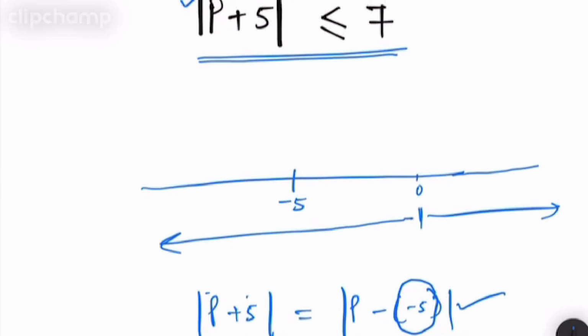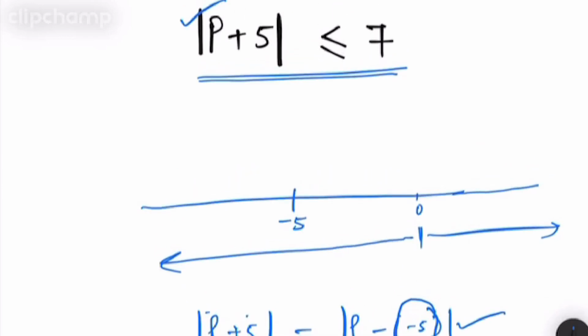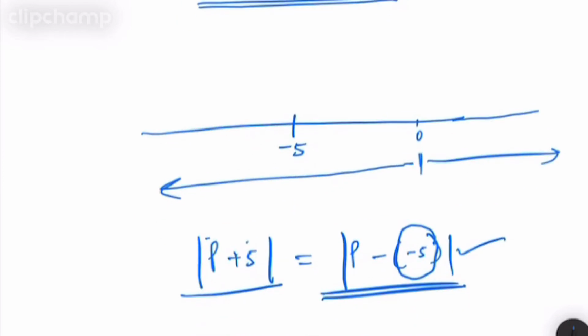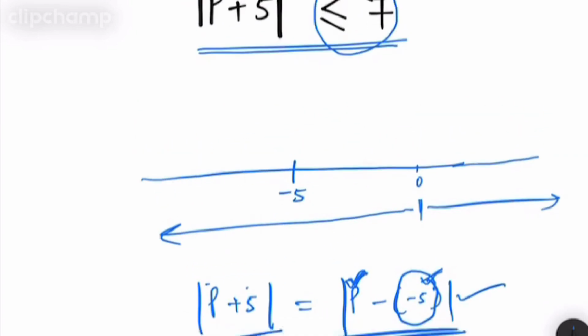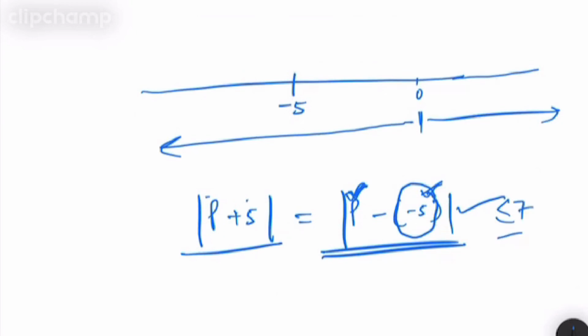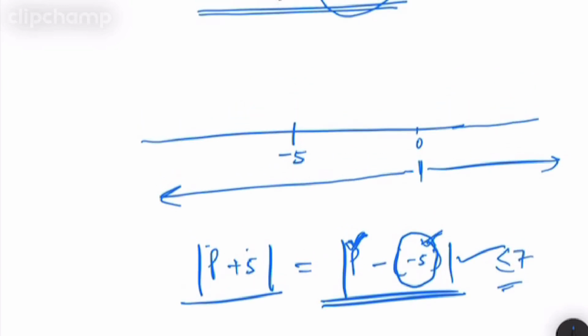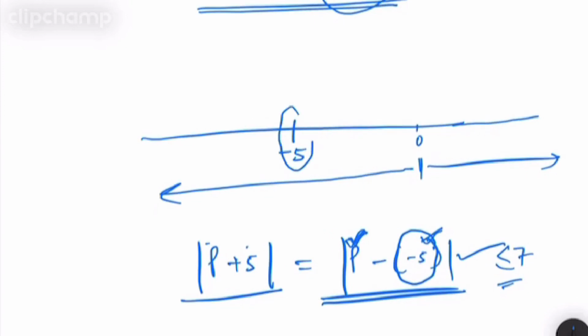Now our given problem says mod of p plus 5, that is, the distance of p, which is a variable, from number minus 5 is less than or equal to 7. Now see it with a focused mind: the distance of variable p from number minus 5 is less than or equal to 7.